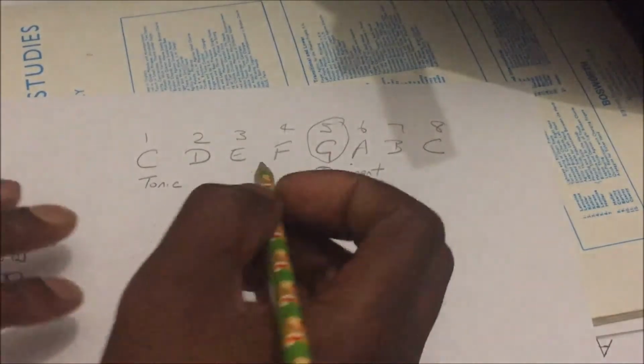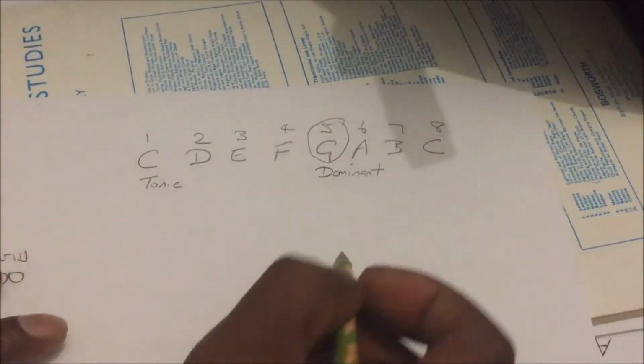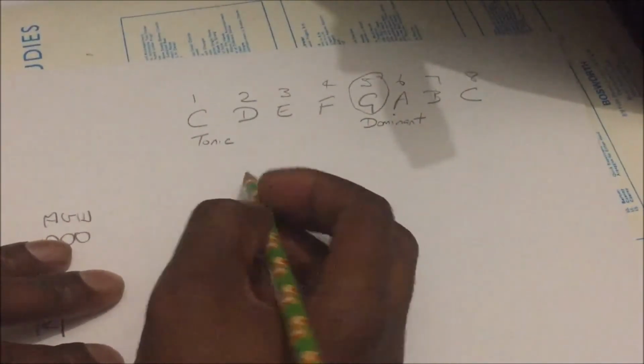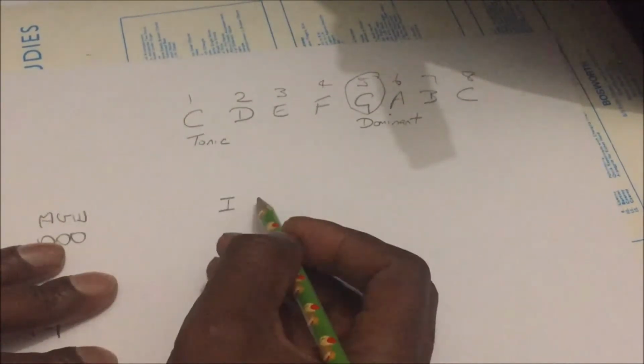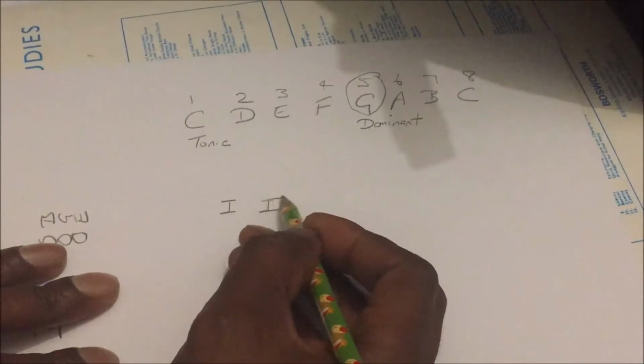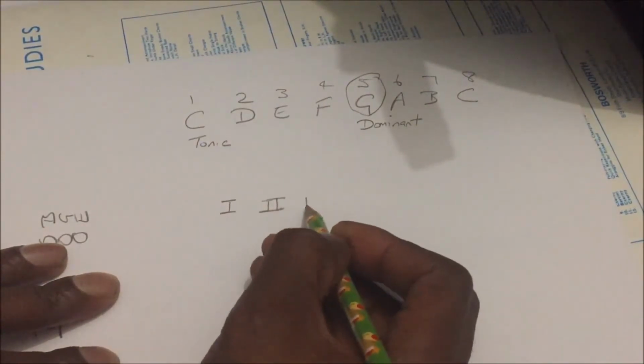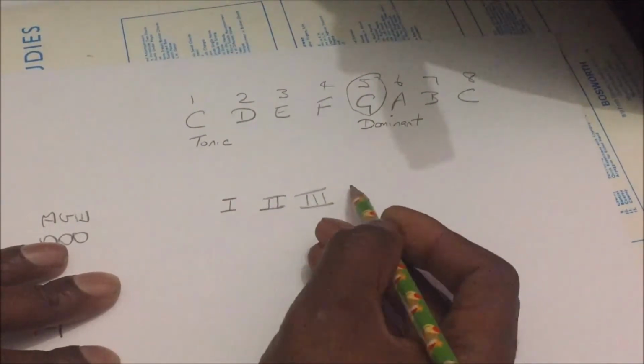Okay, when we speak about tonic, dominant and subdominant, they usually write it in Roman numerals. So I shall do it again. Roman numerals. We have I, which is 1. II is 2. III is 3.